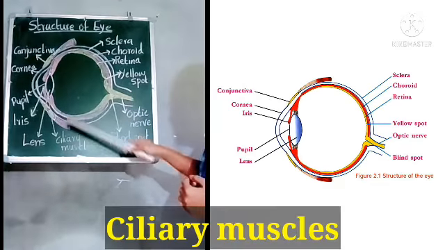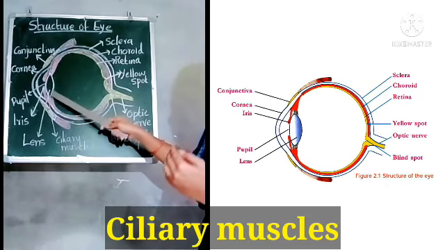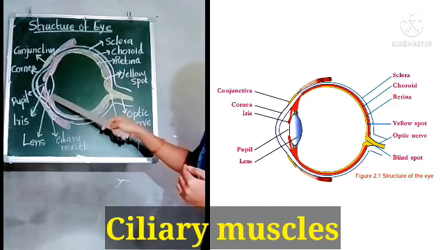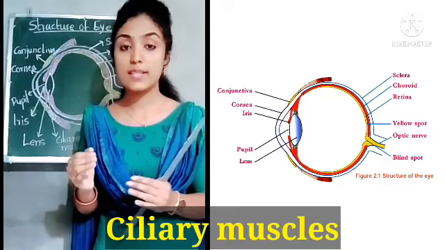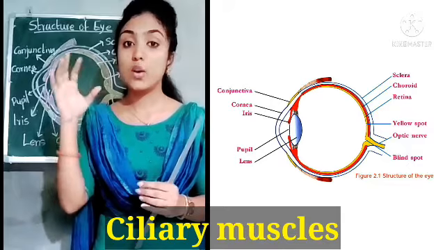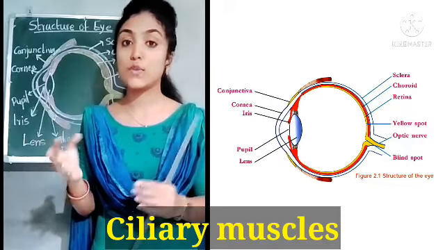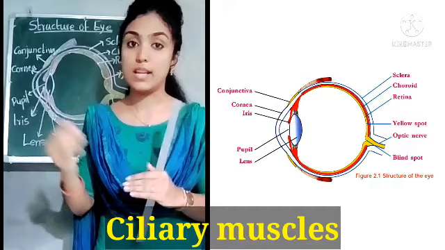Then the next part is ciliary muscles. So ciliary muscles are the circular muscles seen around the lens. Then what is the function of these ciliary muscles? The ciliary muscles help to keep the lens in its position, and also the contraction and relaxation of these ciliary muscles helps to change the curvature of the lens.